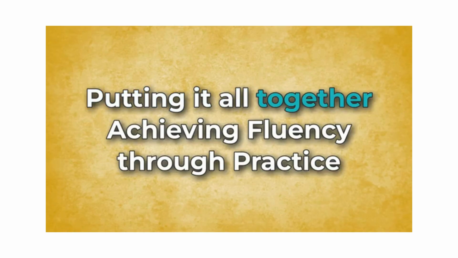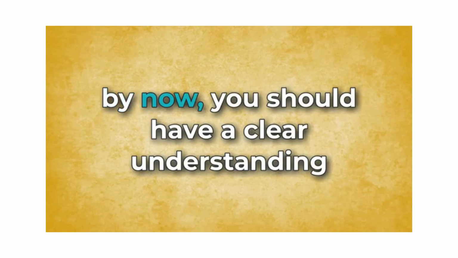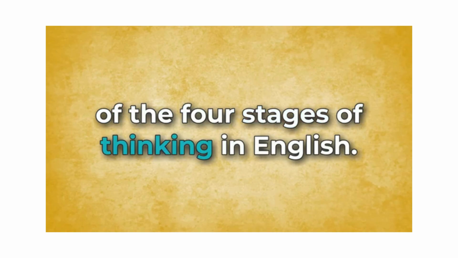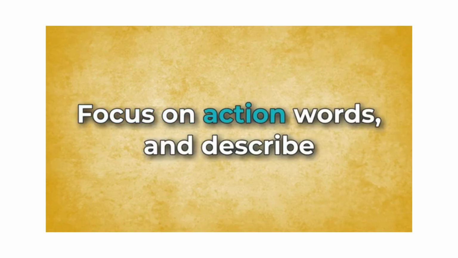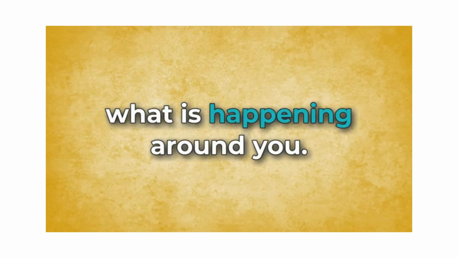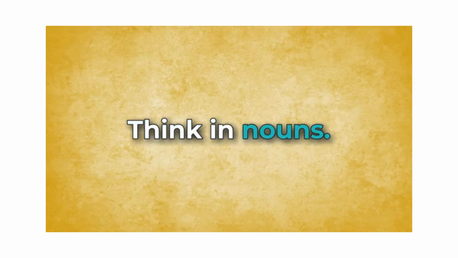Putting it all together. Achieving fluency through practice. By now, you should have a clear understanding of the 4 stages of thinking in English. Think in verbs. Focus on action words and describe what is happening around you. Think in nouns.